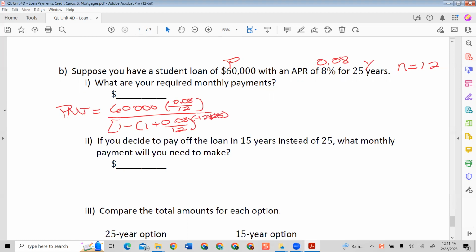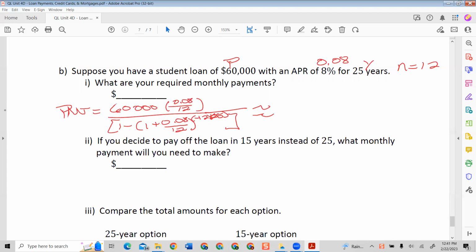that should be 25. I was using parentheses to separate the 12 and 25. You don't have to. My writing's kind of messy. So now I'm going to calculate this right quick. My numerator, I get 60,000.